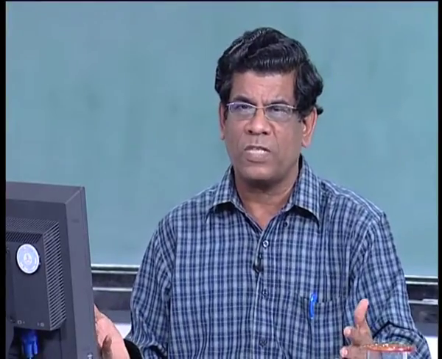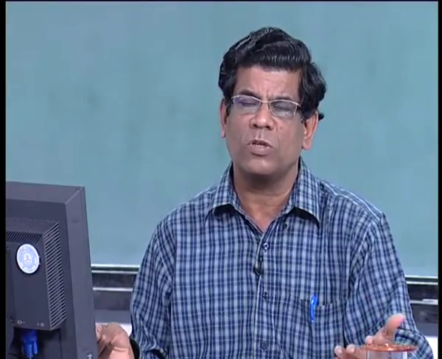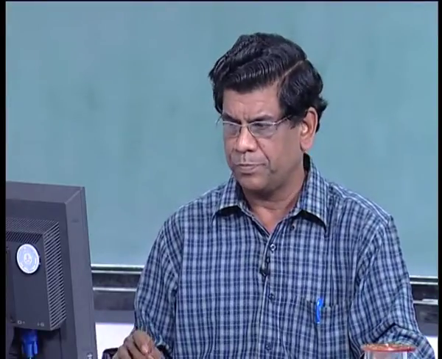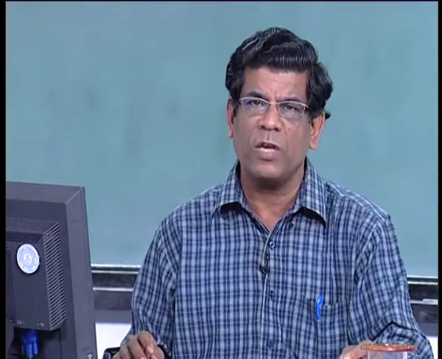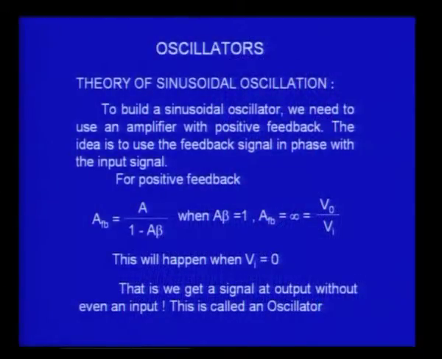It takes the power supply from the DC power supply, and the output of an oscillator will be a sinusoidal waveform, most of the time a sine wave. Oscillators are very useful for different applications, especially in radio communication and things like that. So, let us see how we can build oscillators using an operational amplifier. That is what we are going to discuss this time.